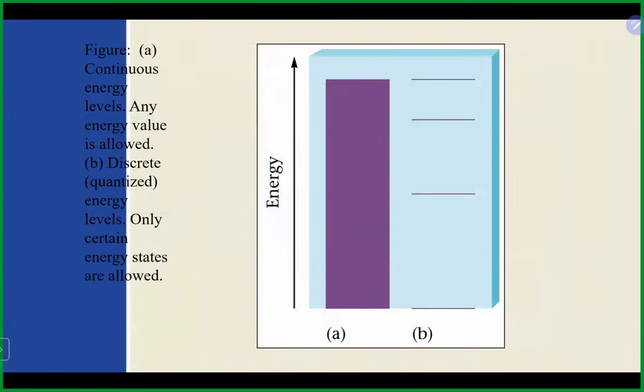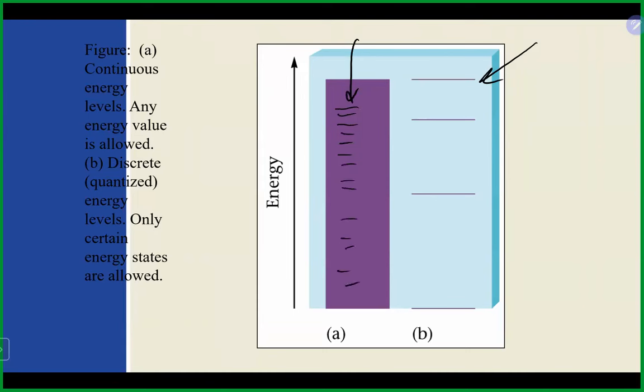So what we see with electrons in atoms is this discrete, quantized version of energy, where we have only certain areas where it can land. Compare that to a continuous version of energy, like in the sun, where the electron could essentially land anywhere along that path.